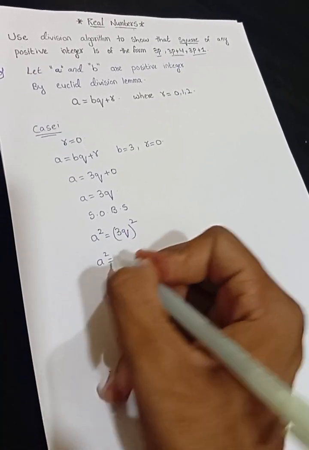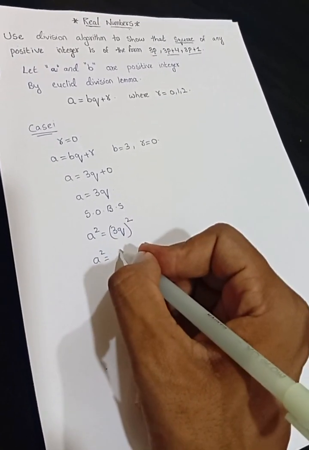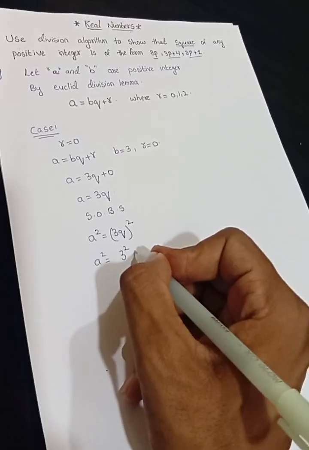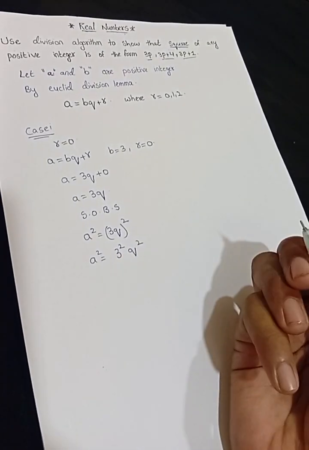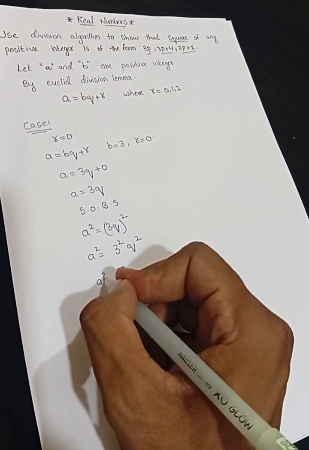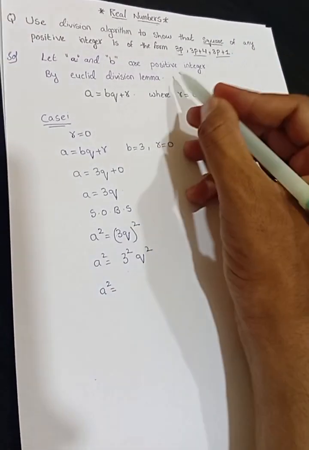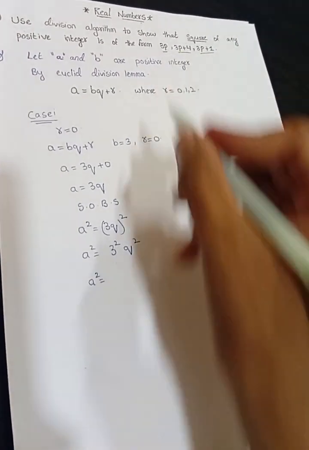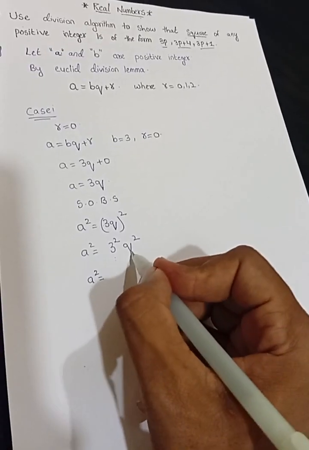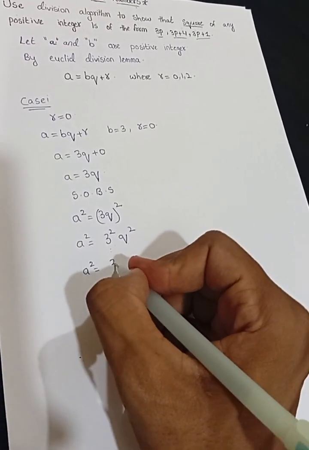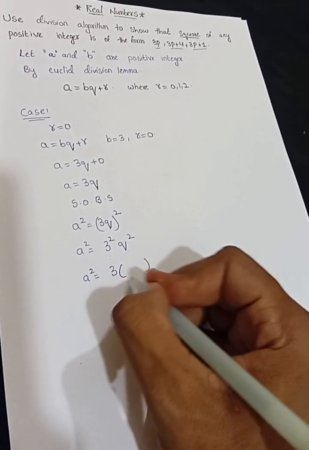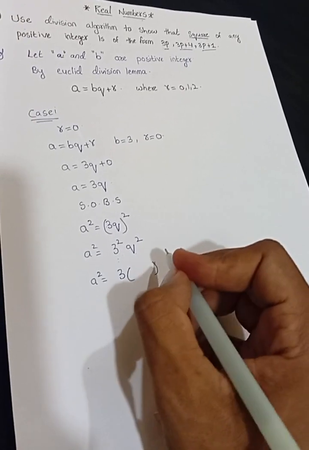Now a square is equal to 3q whole square, right? So you have to give 3 square and q square. I am separating the squares. So your a square is equal to, now you have to prove 3p. So what I am doing is, from this 3 square I am taking 3 common. Whatever I am getting inside this bracket will become my p.